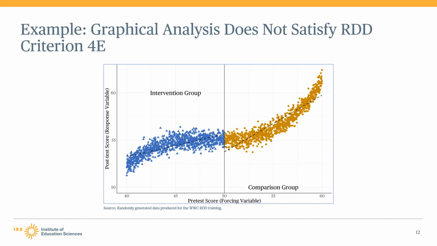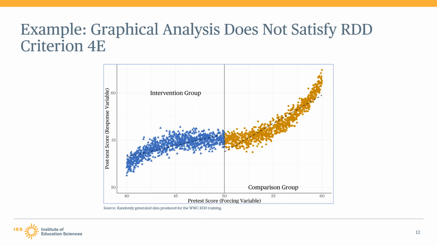In contrast, here is a different graph that displays a scatter plot of raw data and fitted regression lines used to estimate the intervention impact at the cutoff score of 50. Again, a global linear regression model specification was implemented on either side of the cutoff. However, in this example, the scatter plot suggests that this linear model specification is inconsistent with the functional form implied in the scatter plot.